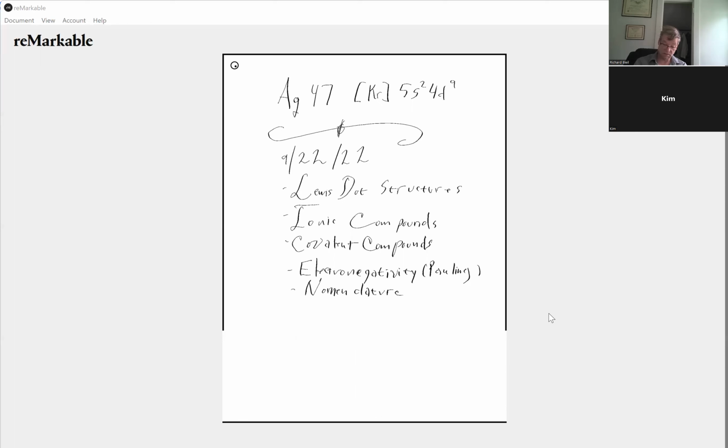Silver, this is the inner shell electron. The nearest noble gas is, well, actually probably not krypton, but xenon. But it either has to lose 11 electrons or gain 7 electrons.